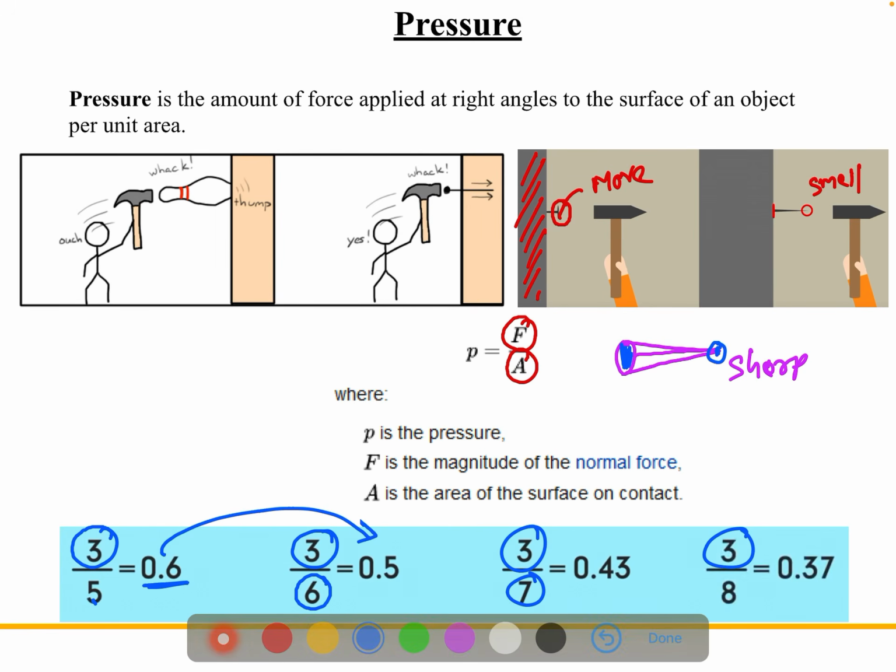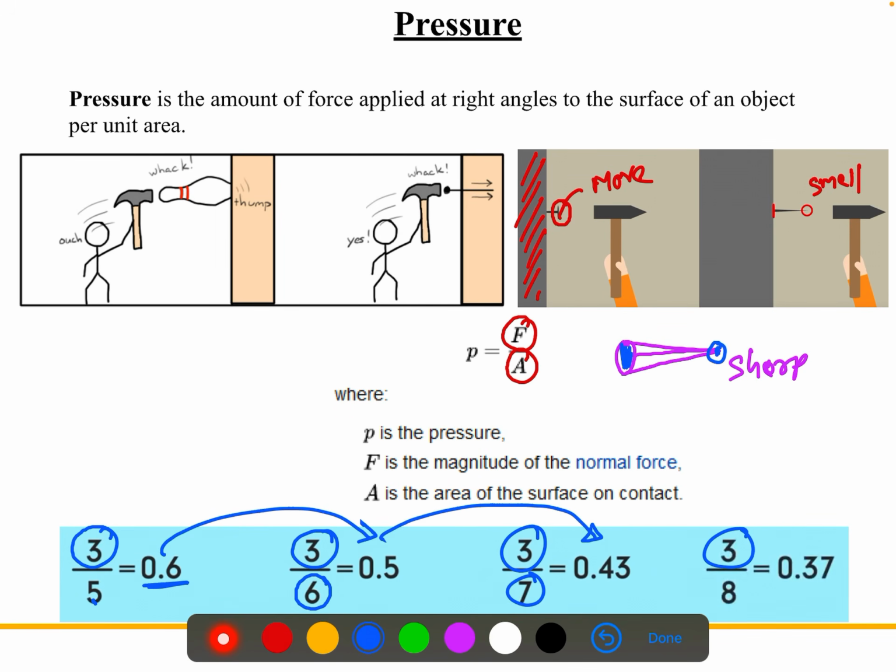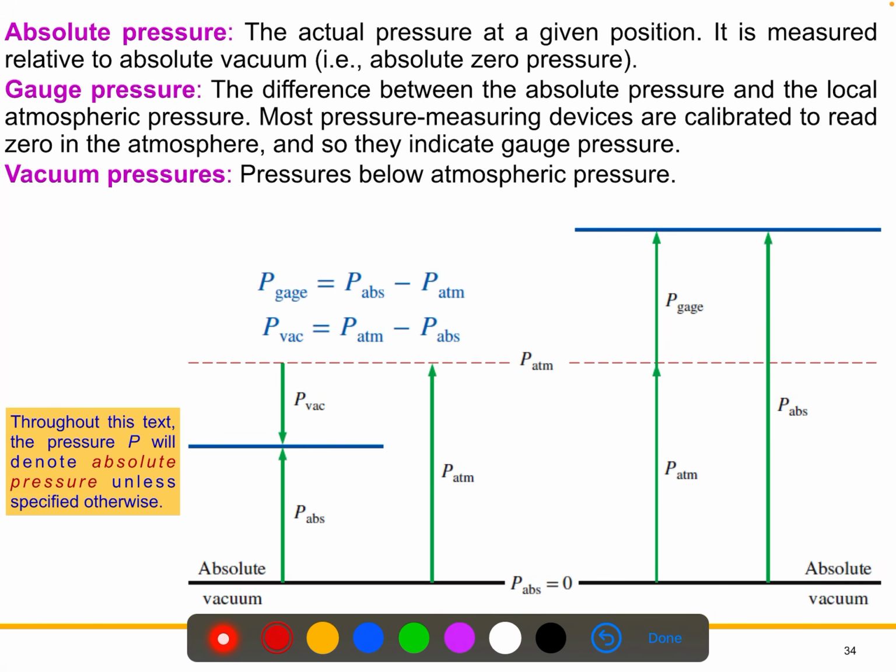When it is 7, it decreases further, and when it is 8, too. So less surface area means more pressure, and a high surface area means low pressure when your force is fixed. We'll try to understand it when we solve more problems.